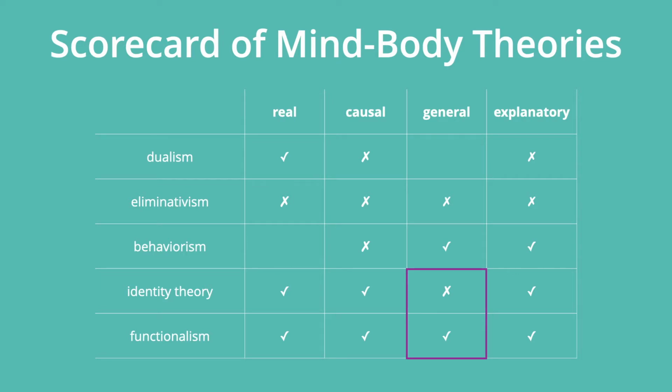But teleological functionalism also tries to address another problem for functionalists. Remember, the big difference between functionalism and the identity theory, according to the scorecard, is that functionalism is adequately general and the mind-brain identity theory is not. And remember, the reason that functionalism is supposed to be more general is that it claims to be able to accommodate the so-called multiple realization of the mental.